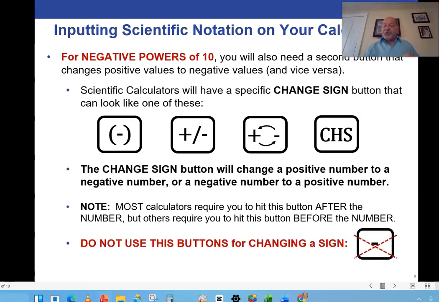But don't ever use the regular minus sign button. This is not meant for change sign. Frequently, if you hit this button in the middle of using scientific notation, you'll get an error message. Don't use the simple subtraction button, the minus button. If it's a minus button without a parentheses, that is not the change sign button.